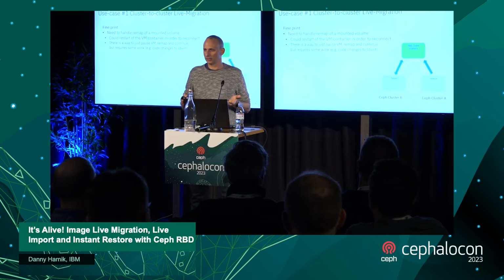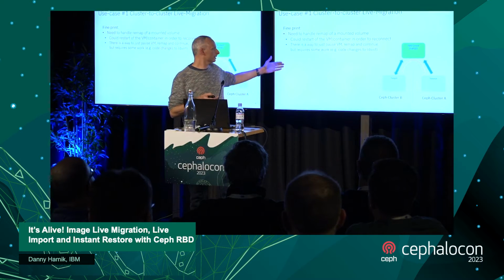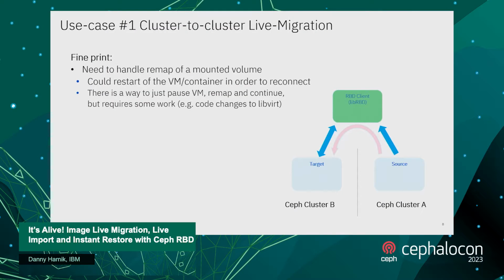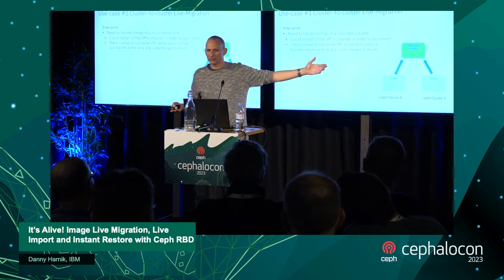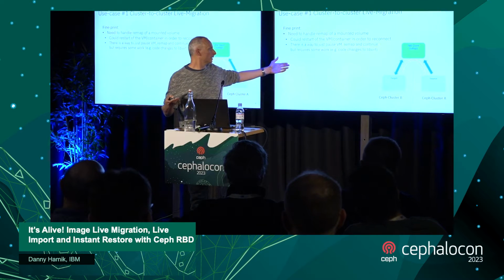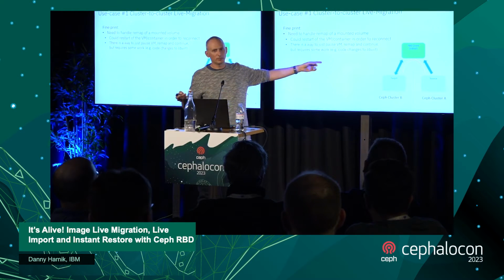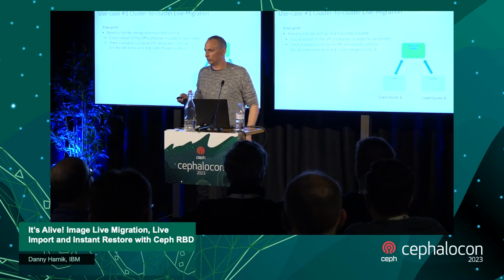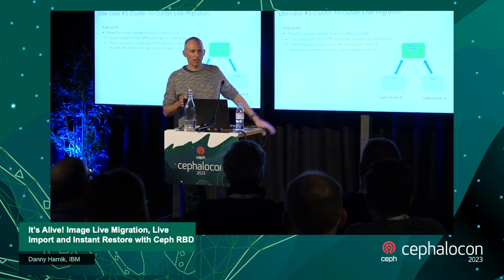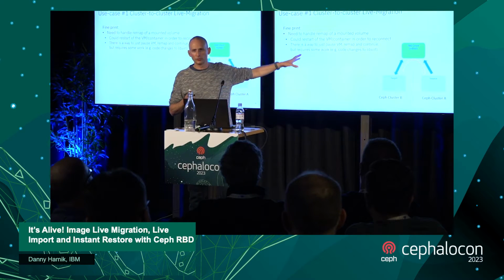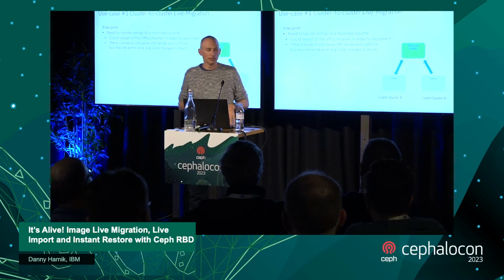That's not as fun. There's a way to pause and remap and then continue the VM running. At least we did this with libvirt. It requires some code changes to libvirt that are not up there yet. So there are some challenges there. This has nothing to do with the cross cluster or anything.